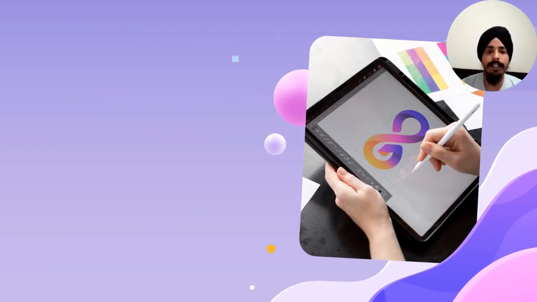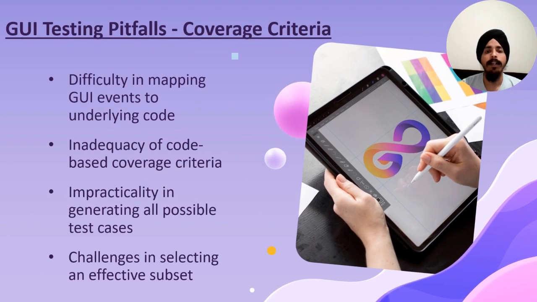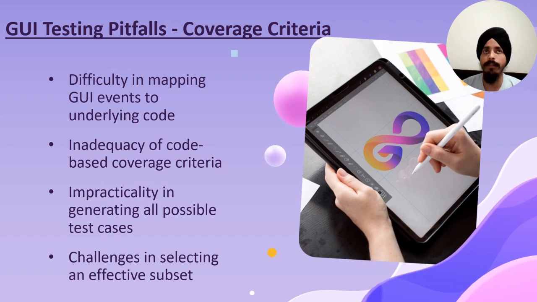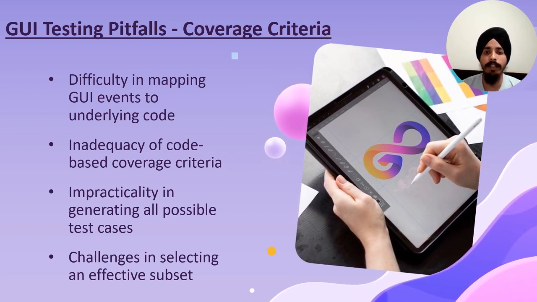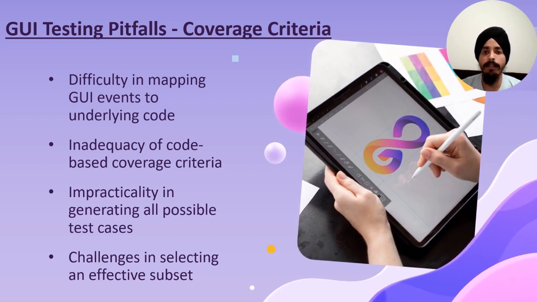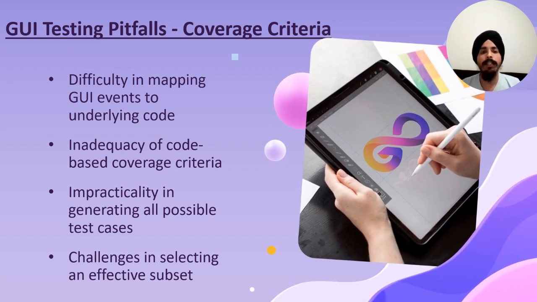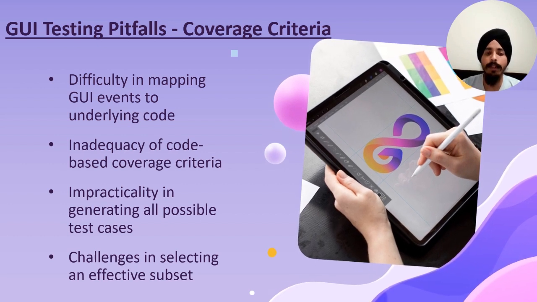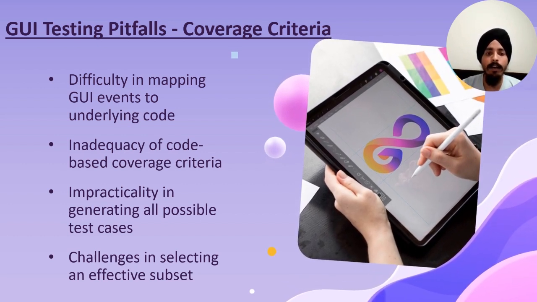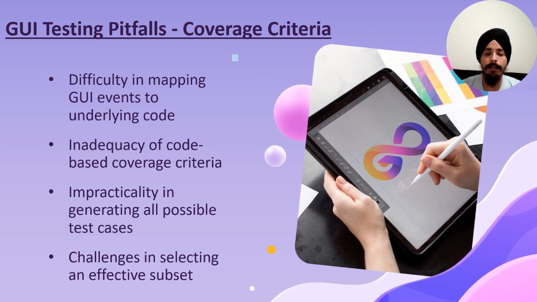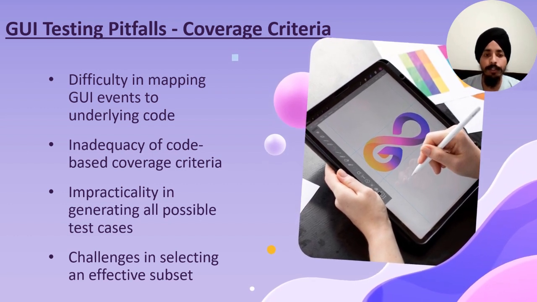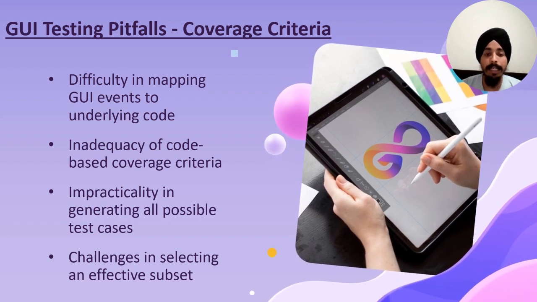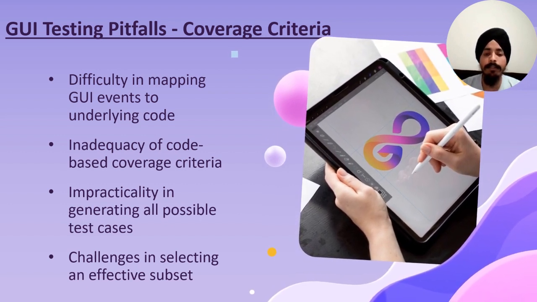Let's go to the next slide, and we will see some GUI testing pitfalls, or we can say drawbacks, in the reference of coverage criteria. So first of all, it is difficult mapping GUI events to underlying code, there is inadequacy of code-based coverage criteria, it is impractical to generate all possible test cases, and there are challenges in selecting an effective subset.